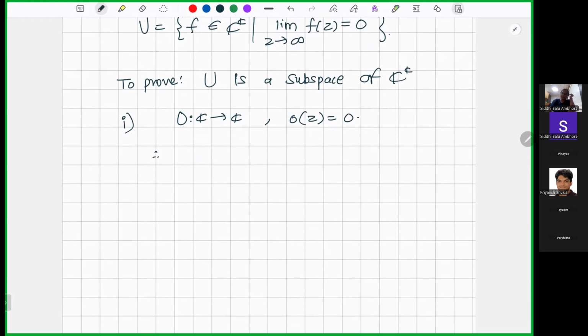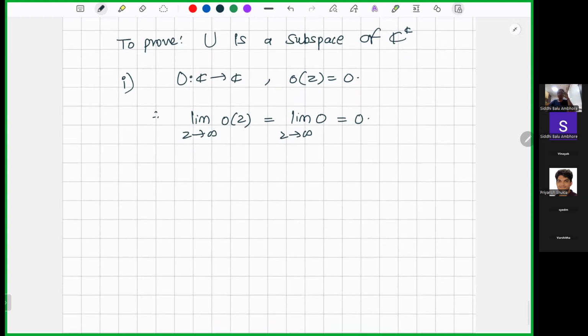And the limit of this function 0 of Z as Z tends to infinity, I will explain what that means, is 0.